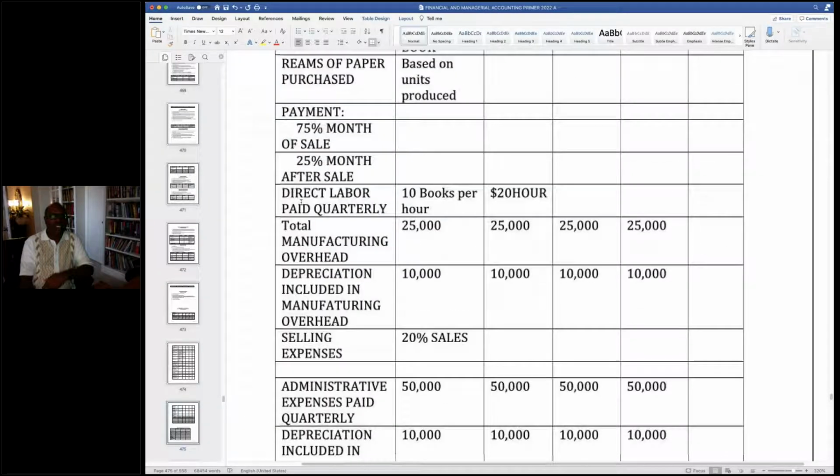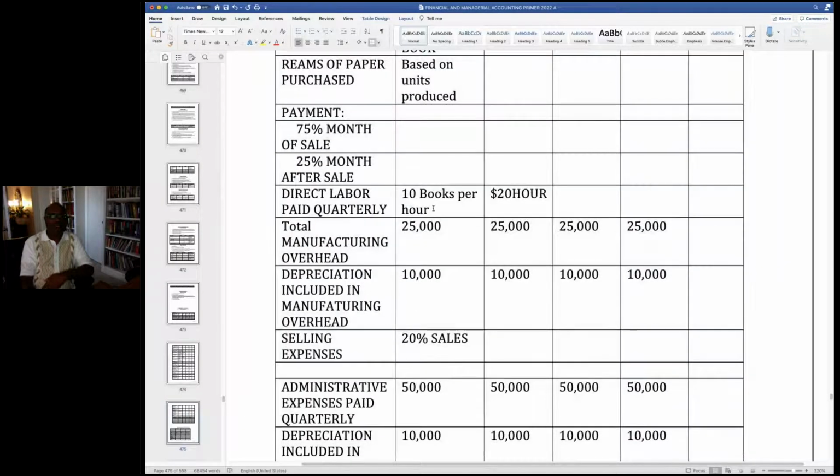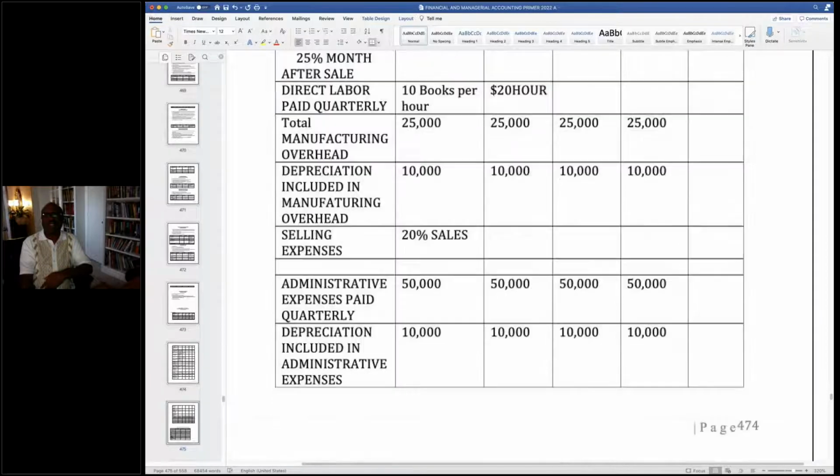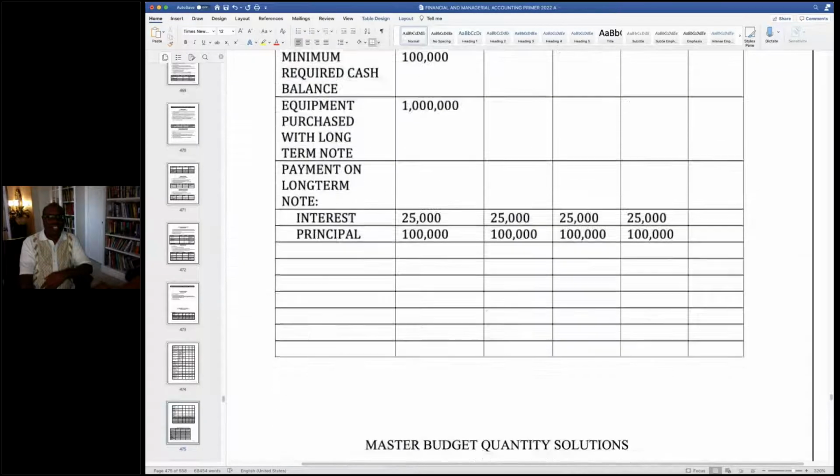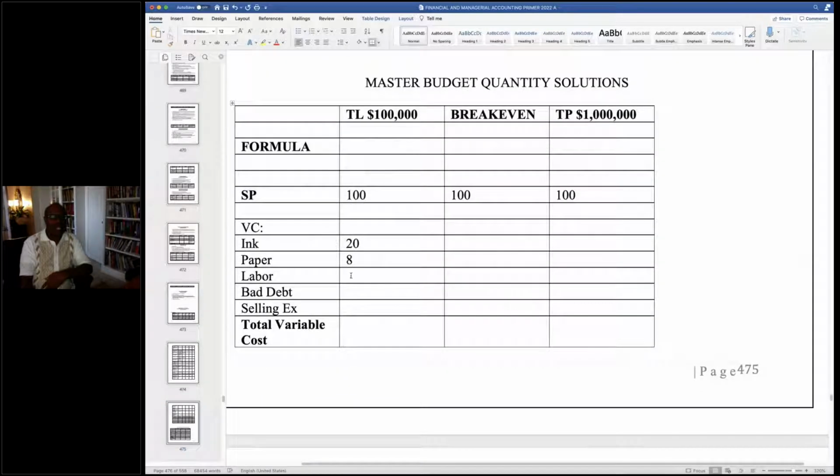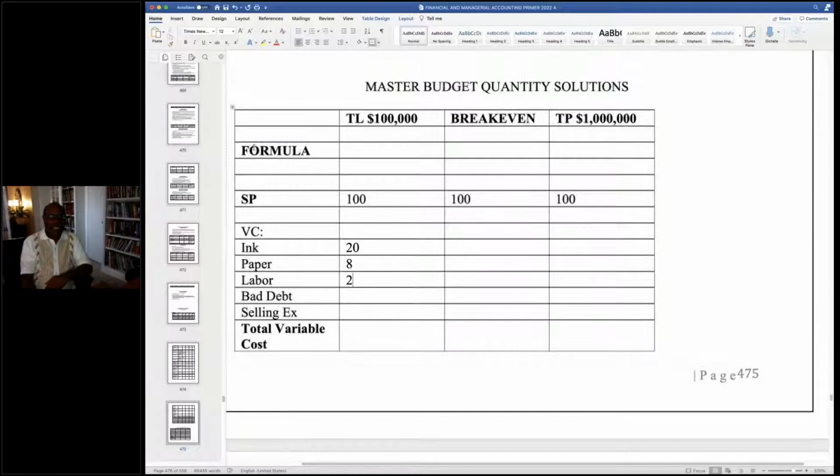See, we can get this labor right. We pay the workers $20 an hour. They make 10 books per hour. It says the labor is 2. That's it.